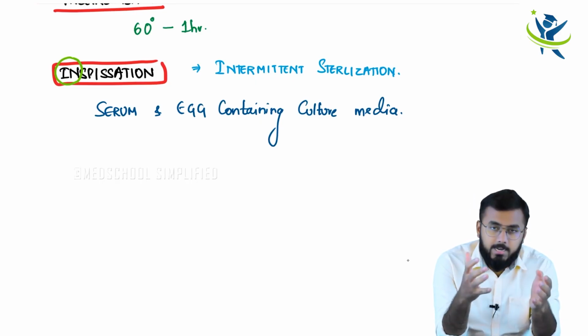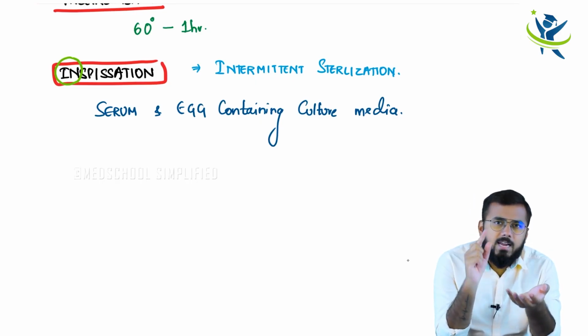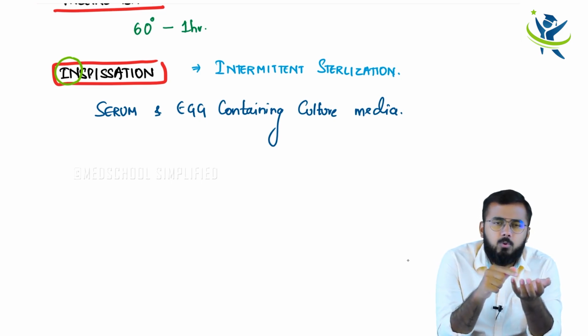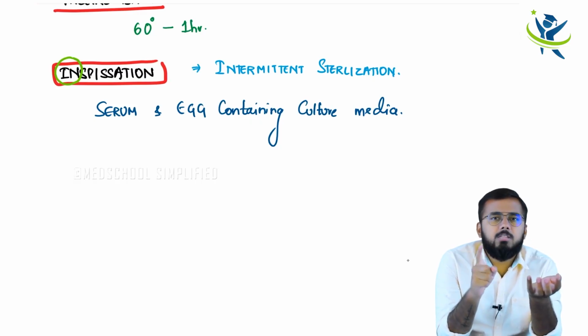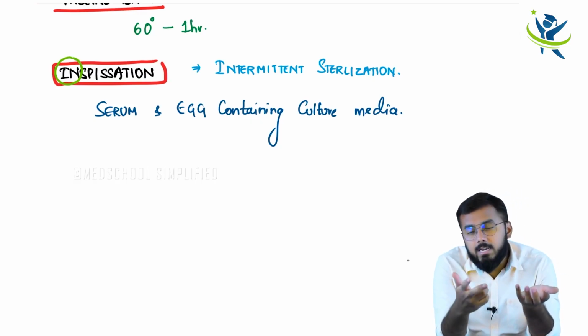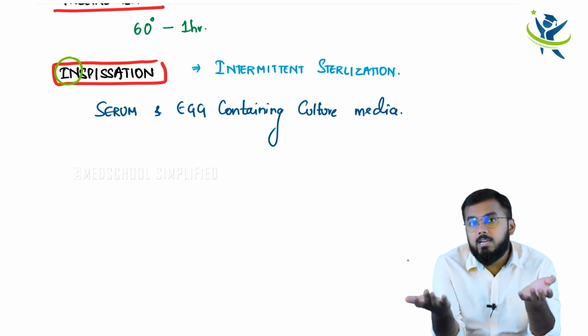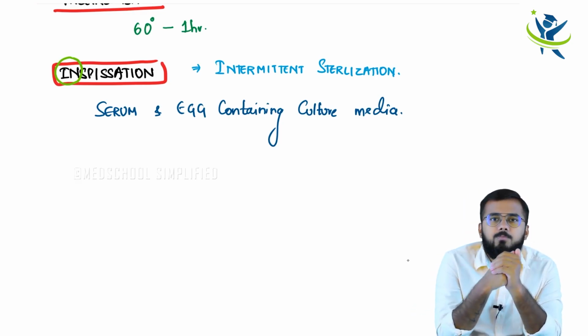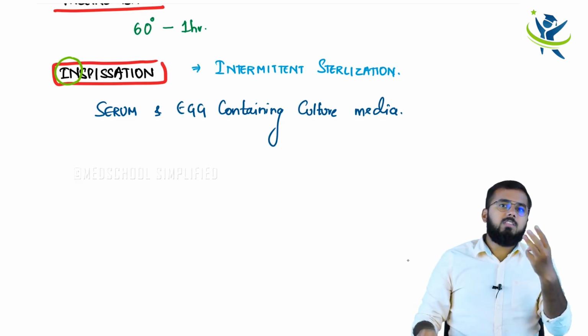So when you are heating it, if there are any kind of spores within this serum or egg containing culture media, on the first day heating the spores are not damaged, on the second day heating the spores are not damaged, but on the third day heating the spores will be damaged. So that is the reason why you heat it for 3 days.